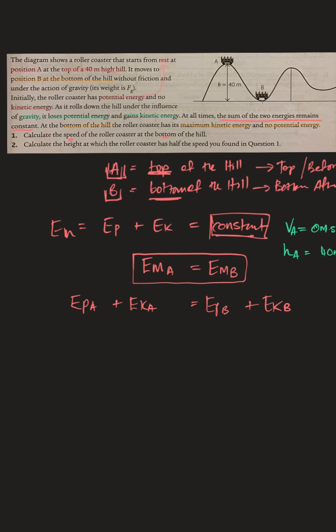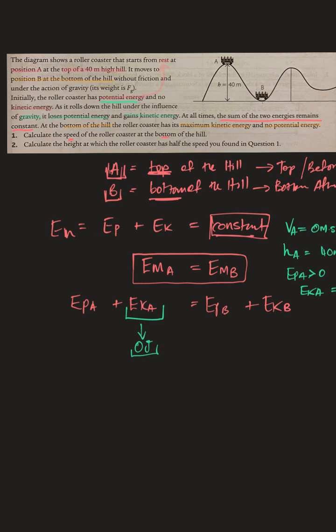They're also telling me that initially at the top, it has potential energy but no kinetic energy. So I know that the EP of A must be greater than 0, but the EK of A must be equal to 0 joules. So I don't need to do any calculations there.